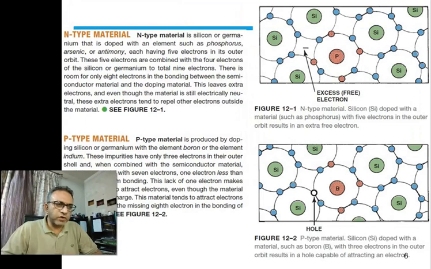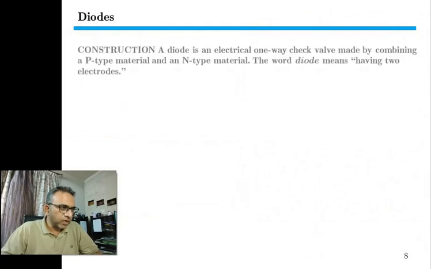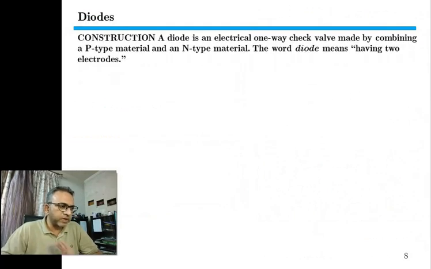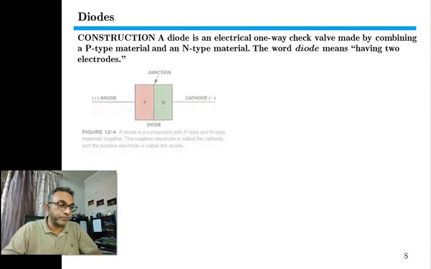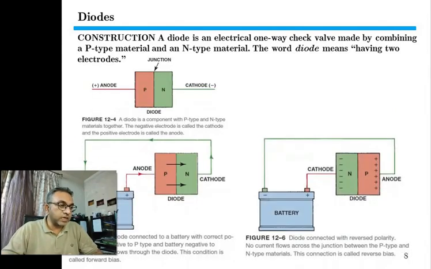We discussed the formation of n-type material, the doping and the impurities required to create it, and also the p-type material and the materials required to create it. Then we discussed the p-n junction, and we came to the article called diodes.